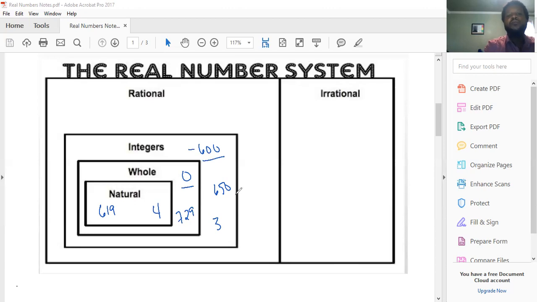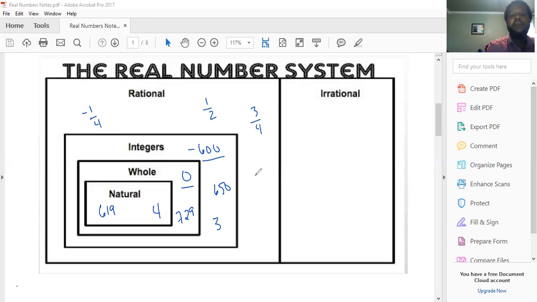All right, so rational numbers include all of these. They include integers, they include whole numbers, they include natural numbers, but now we also get to include fractions. So a fraction is considered a rational number, right? And so is negative. So our negative fractions, they are also rational numbers, okay? So these are examples of rational numbers.